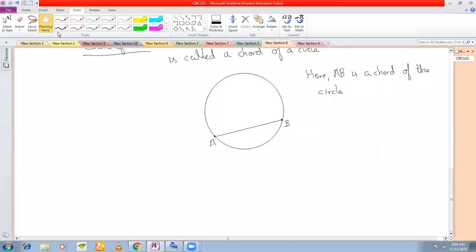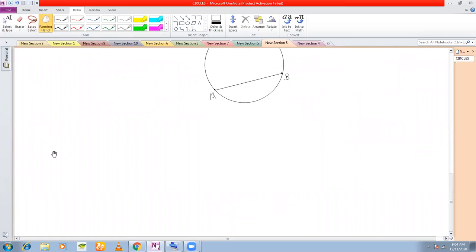We come to the next definition, which is called the diameter of a circle. You already know diameter is any line that passes through the center of a circle. This time we'll define the diameter in terms of the chord. What do you mean by diameter of a circle?